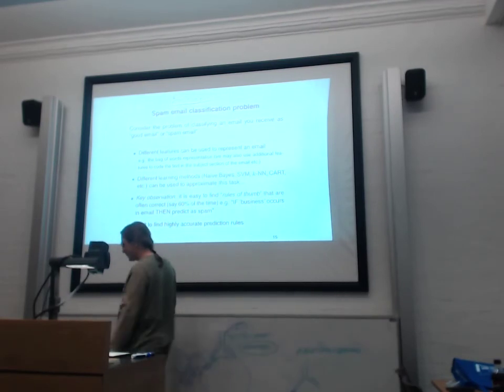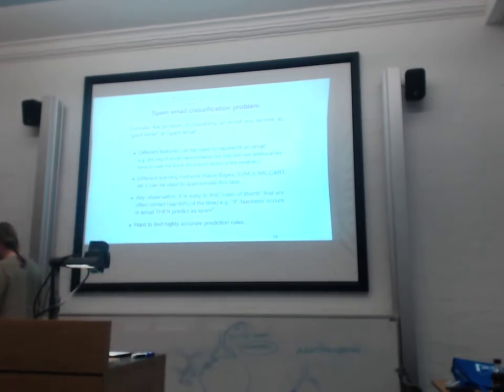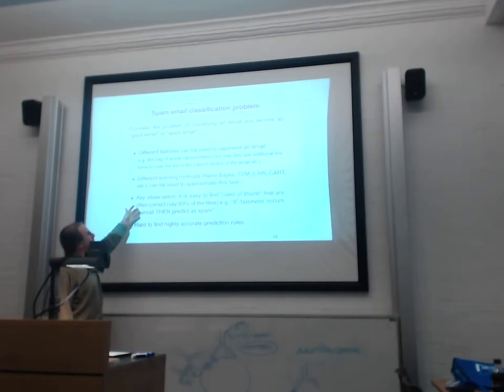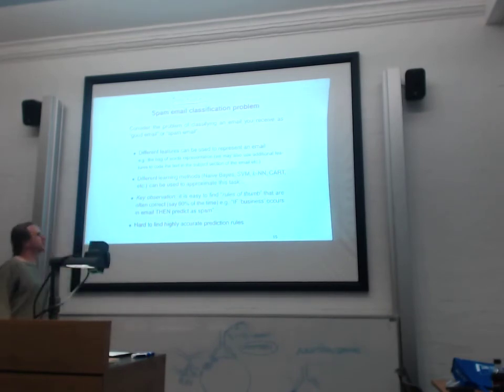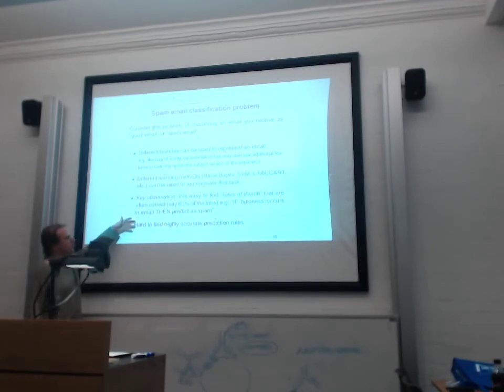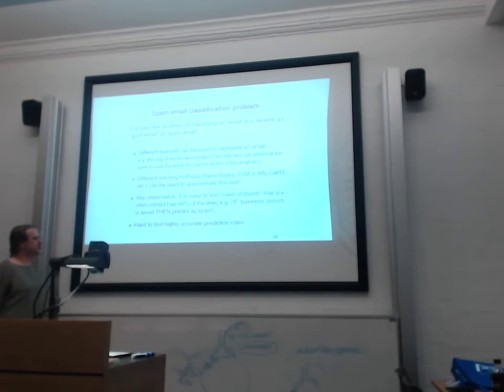Maybe if an email has one substituted for I in it regularly, that's another rule which is correct maybe 55% of the time. So using some sort of relatively simple learning method, you may find that it's hard to find a rule that is correct all of the time.